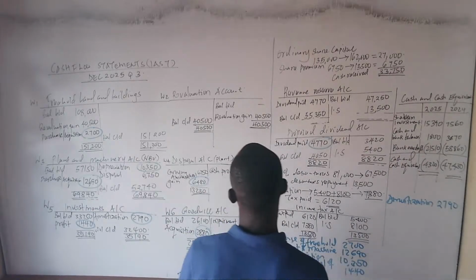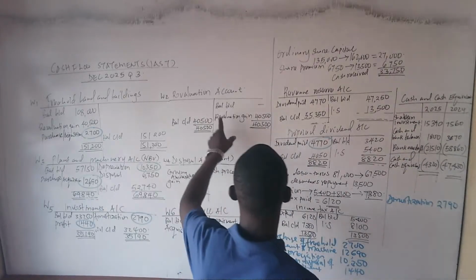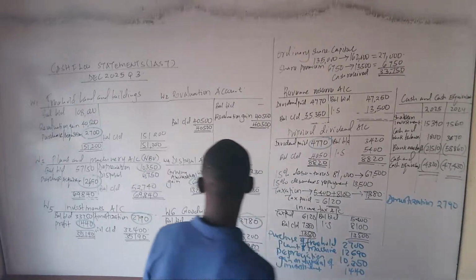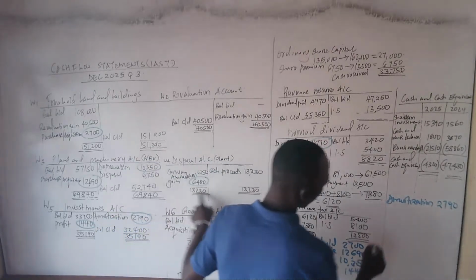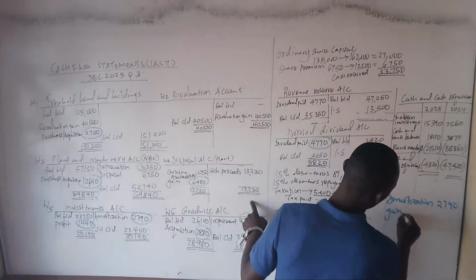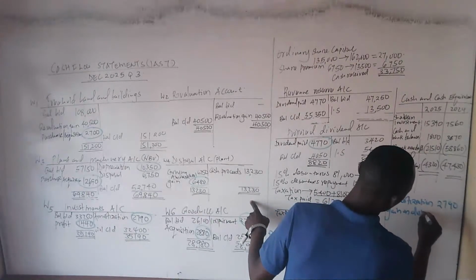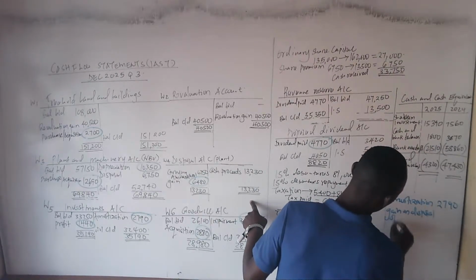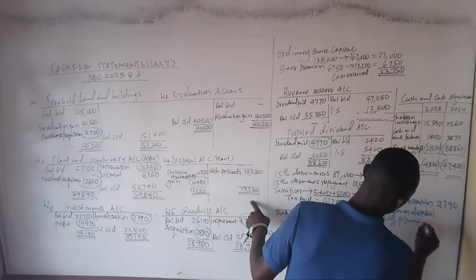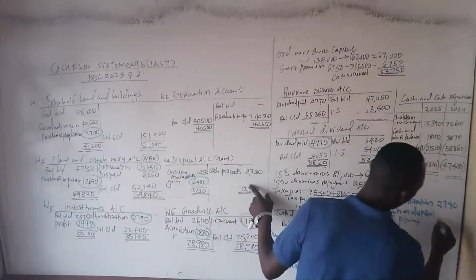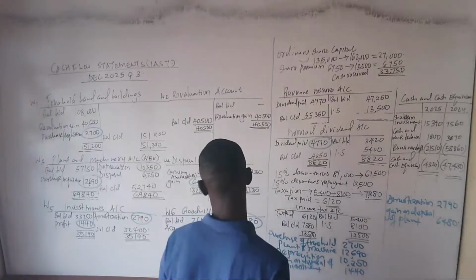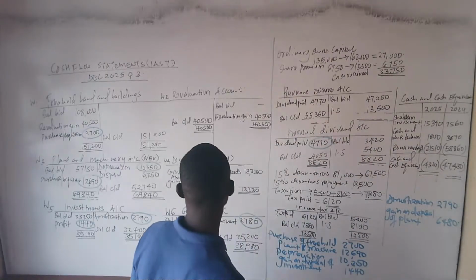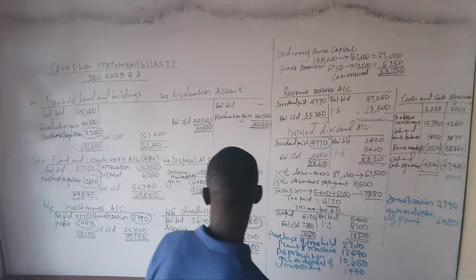For the revaluation account, I just wanted to show you how it will balance. Then we have gain on disposal of plant of 6,480.